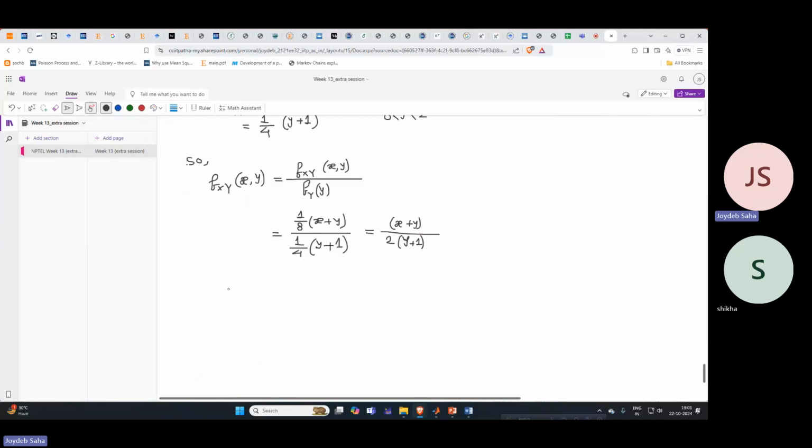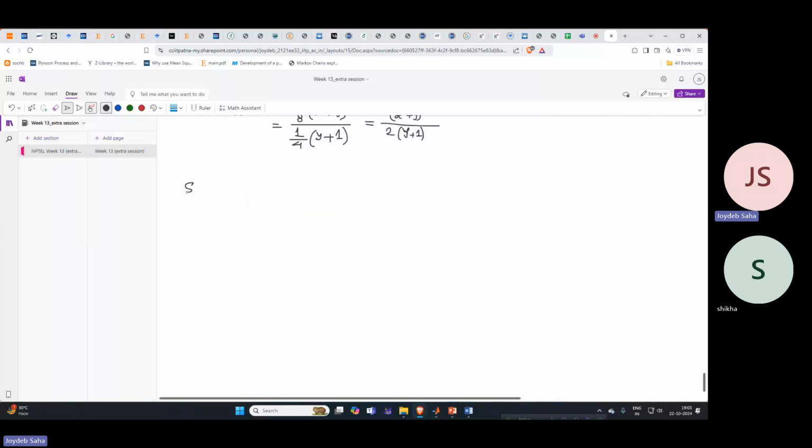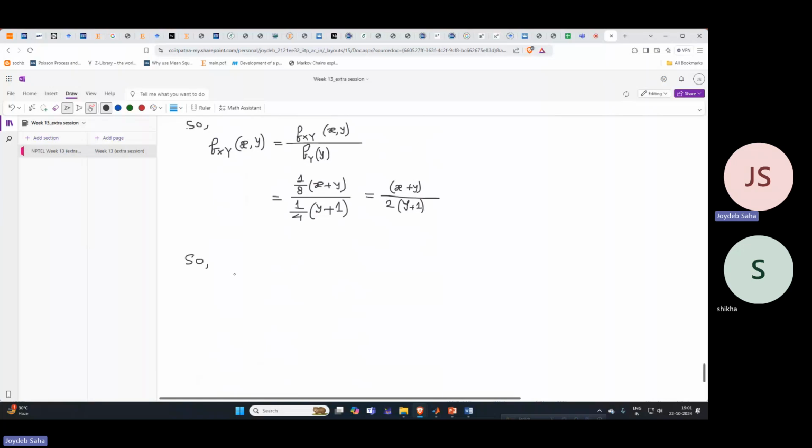So similarly we will write it like this. F of x upon y, x conditioned on y, right?